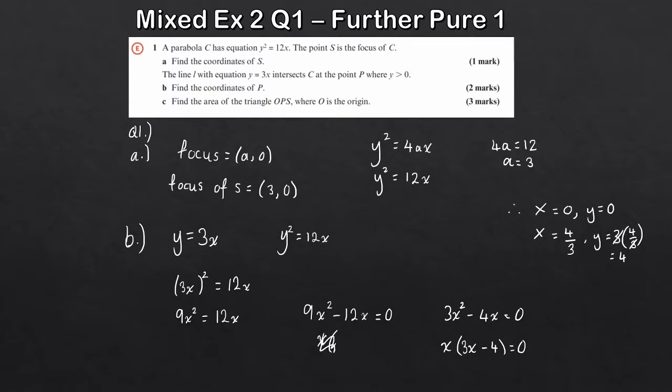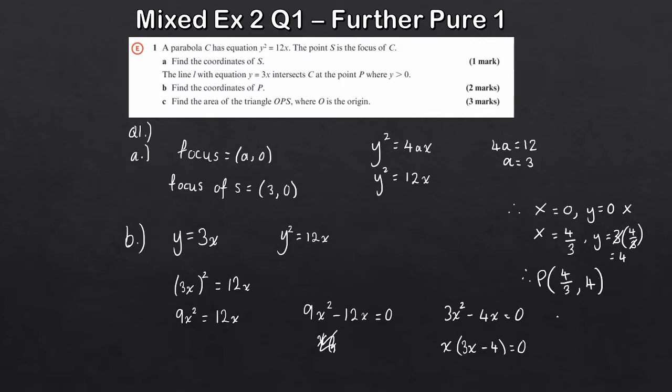So those are our two coordinates, but there's a little bit of a catch. We know y has to be greater than 0, so we can't technically have (0, 0) as a coordinate. So my actual coordinates here, P is (4 over 3, 4).